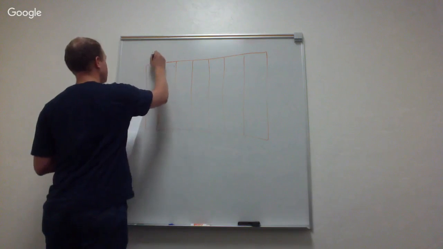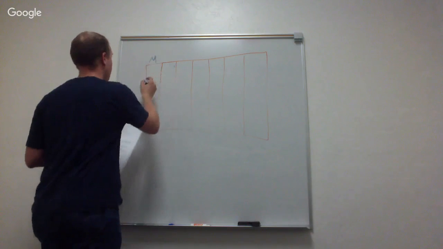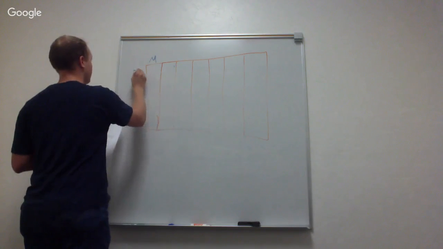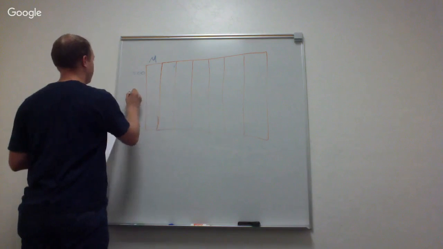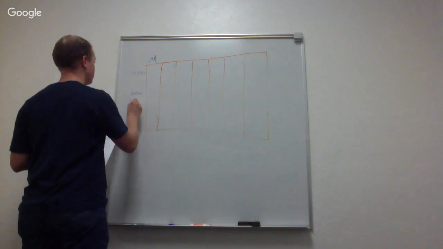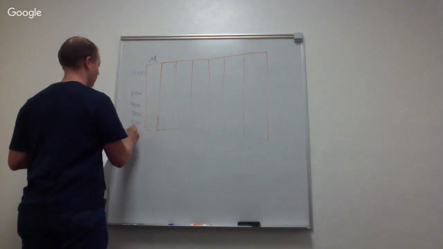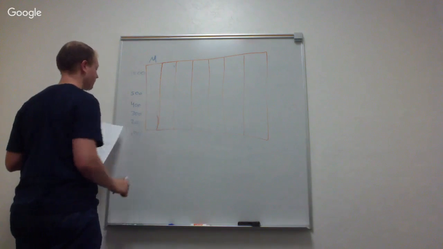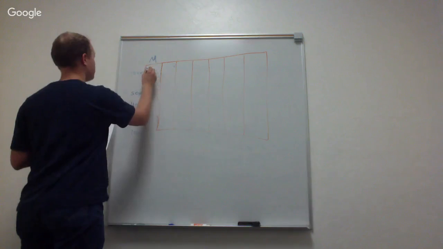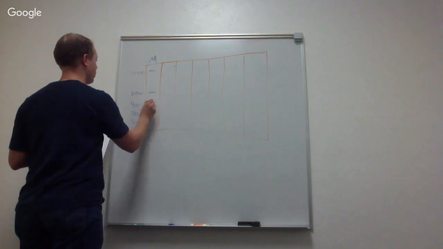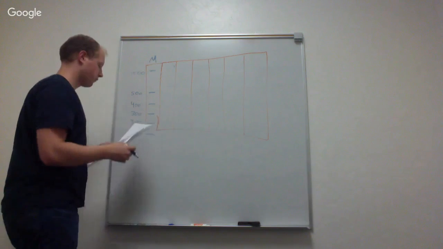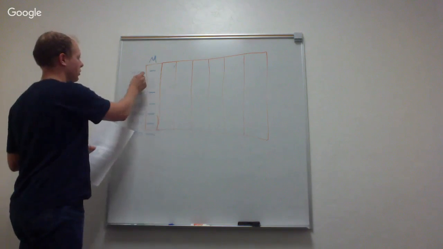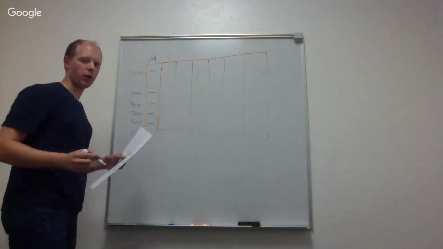The first one has the marker in it, and the marker has different lengths of DNA, just standard lengths that we can use to measure all of our other DNA off of. So we'll have one at 1,000, 500, 400, 300, 200, and 100. Remember that we have larger at the top because they move slowly and small at the bottom because they move quickly.